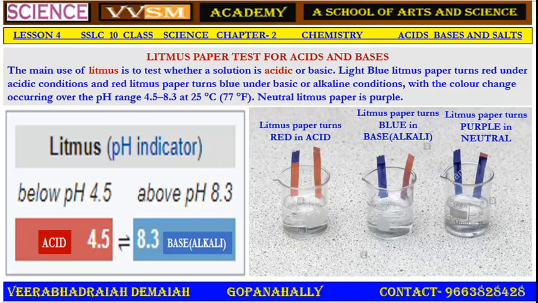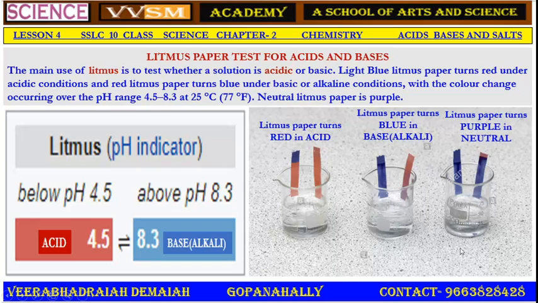Blue litmus paper turns red under acidic conditions, and red litmus paper turns blue under basic or alkaline conditions, with the color change occurring over pH range 4.5 to 8.3 at 25 degrees Celsius or 77 degrees Fahrenheit. Neutral litmus paper remains purple in color.